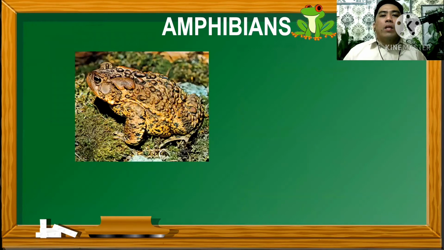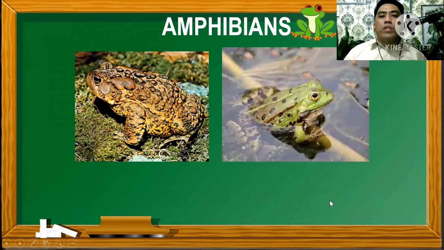Okay, next. So look at this picture, class. Can you differentiate the two animals? Or can you name the two animals? Okay, so this is a toad and this is a frog. Okay, what's the difference between toad and frog? Okay, so sa toad, makikita natin, most of the time, toads live on land, stay on land, while frogs stay in water.